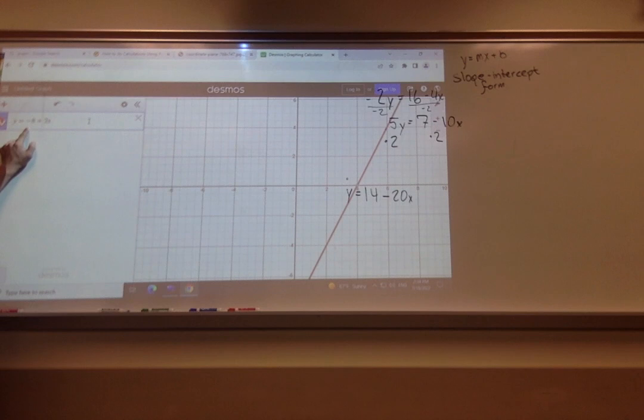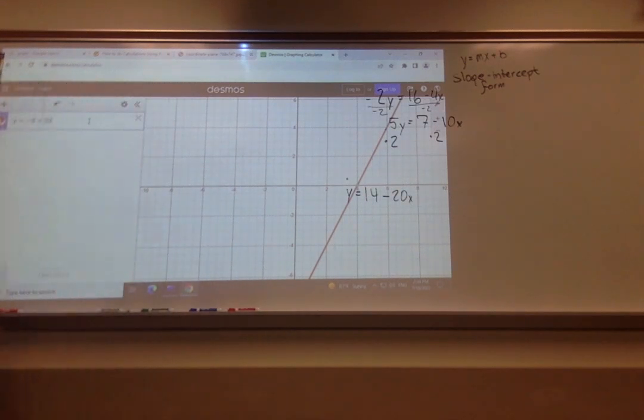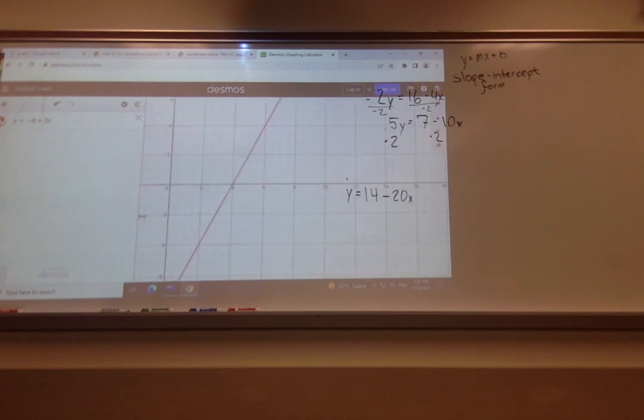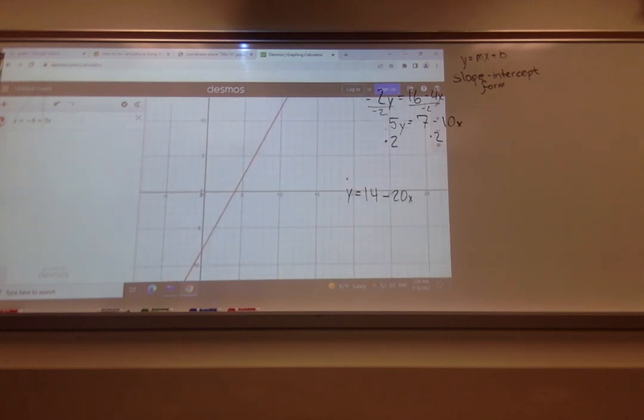I got it right here. If you can't see it, I rewrite it. And then our second equation, y equals 14 minus 20x.